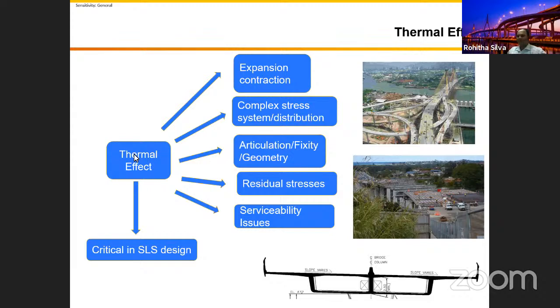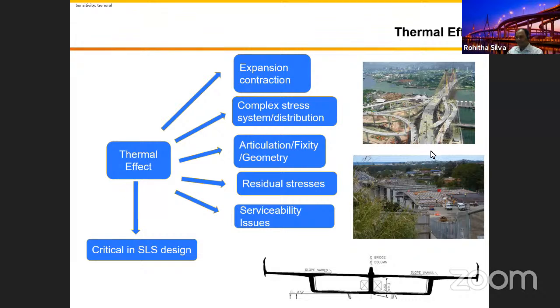Before we get into that, thermal effect. We know the temperature goes up and down, causing expansion and contraction in the bridge, and that develops a complex stress system. It makes sense. Thermal contraction and expansion are exactly like braking and traction, they do the same thing.